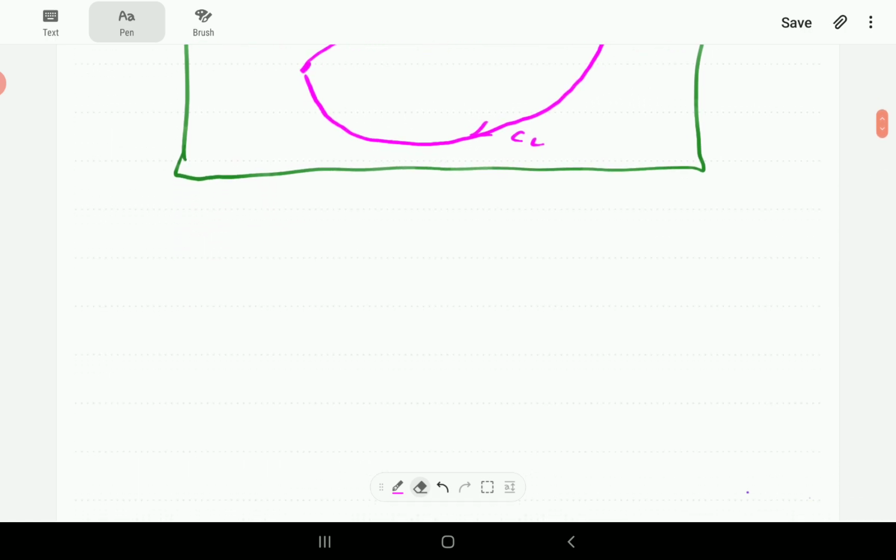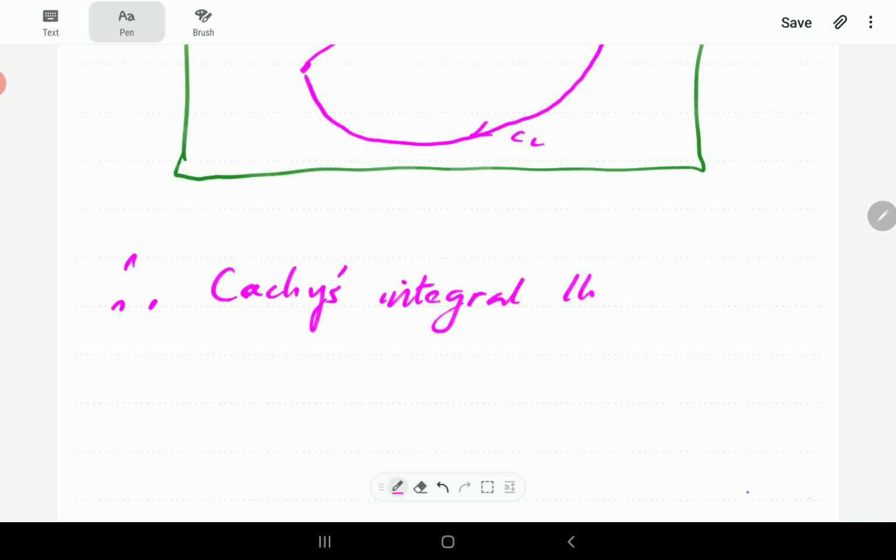So therefore Cauchy's integral theorem deals with the case where the function is analytic. So that means the function has got no singularities inside or on the simple closed contour.